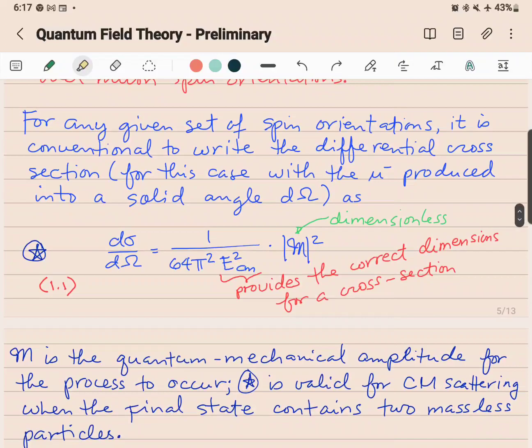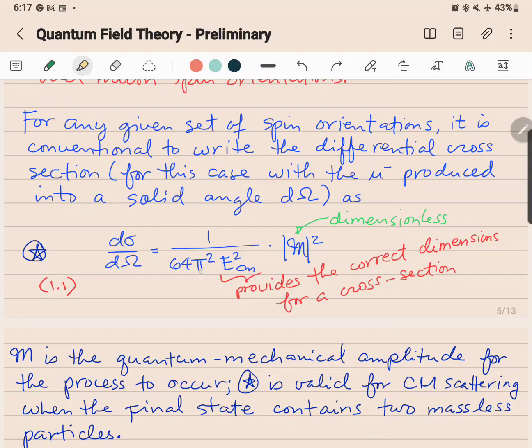For any given set of spin orientations, it is conventional to write the differential cross section for the case of the mu-minus produced into a solid angle d omega. So here you have d sigma, the differential cross section with respect to the solid angle.